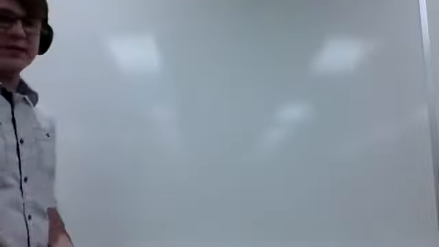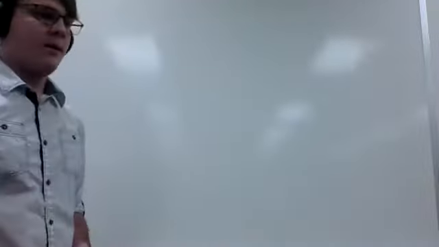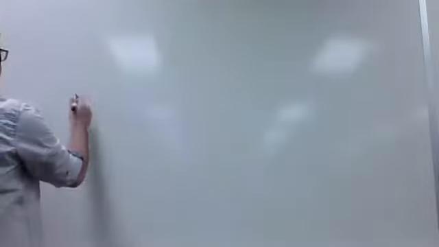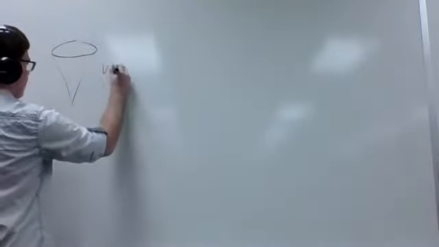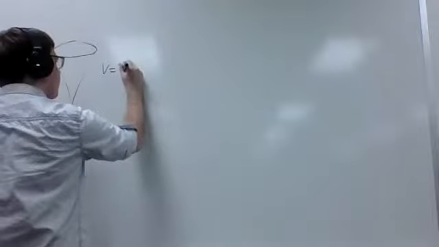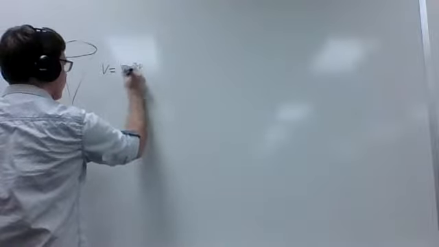And I guess one last thing I wanted to cover is a related rates problem, because I know that those are usually pretty hard. So let's say we have a cone. Volume of a cone is pi r squared h over 3.